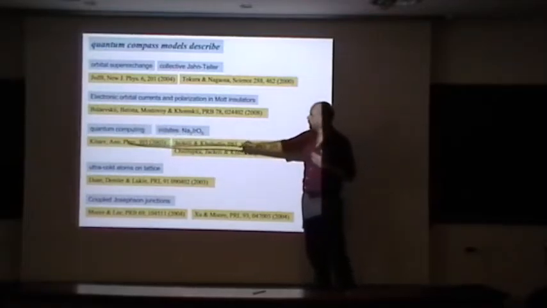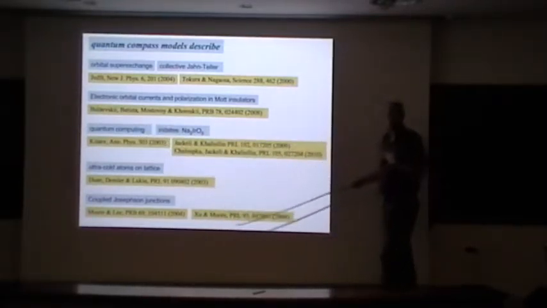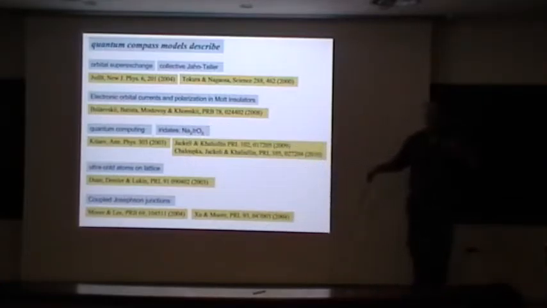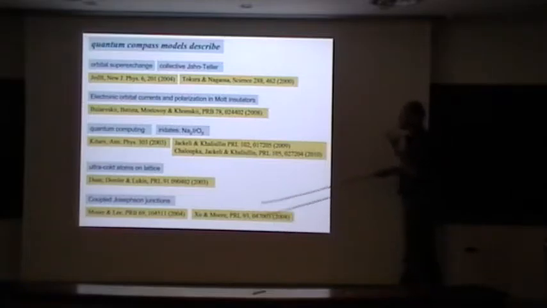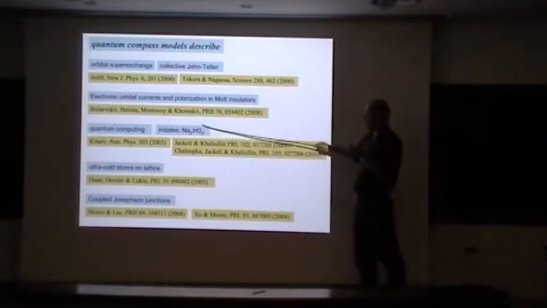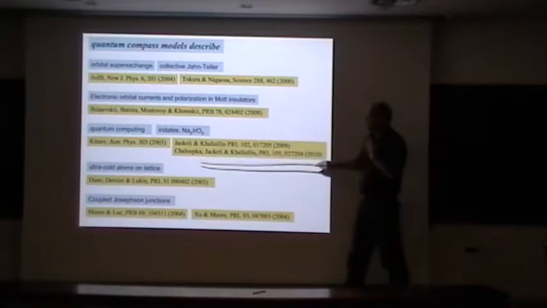They appear in quantum computing, say Kitaev. The compass models are also the core of describing the exchange interactions in the 213 iridates, which was brought forward by Khaliullin.